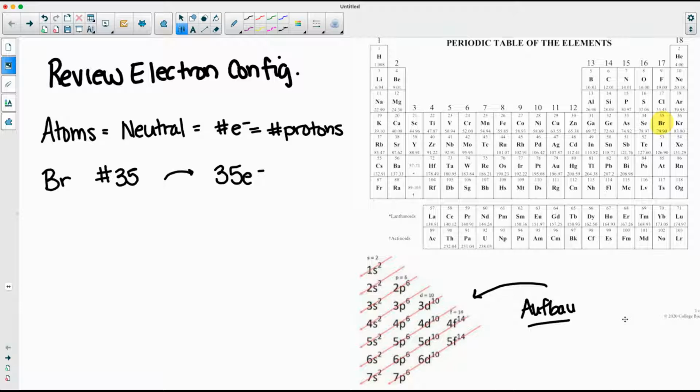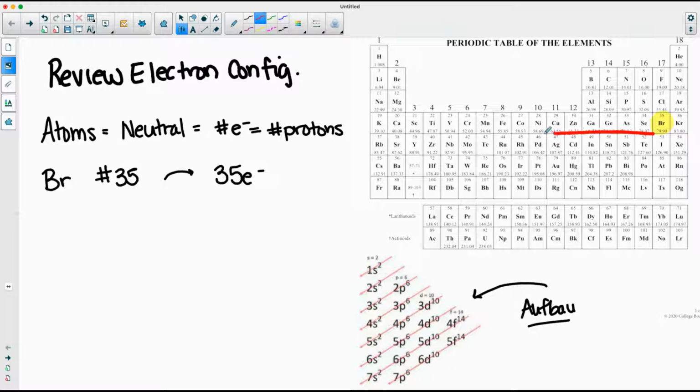Now, Aufbau is not perfect, but it works for the most part. It's the best thing we have to predict our electron configurations with.